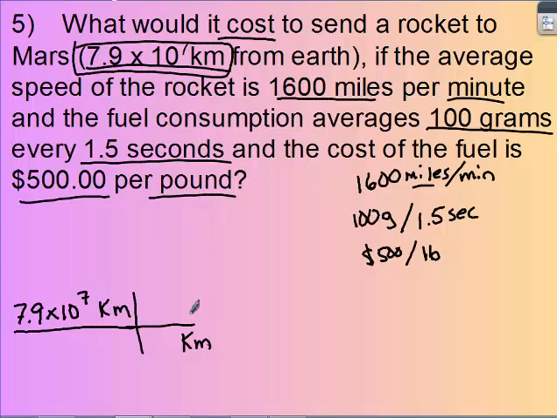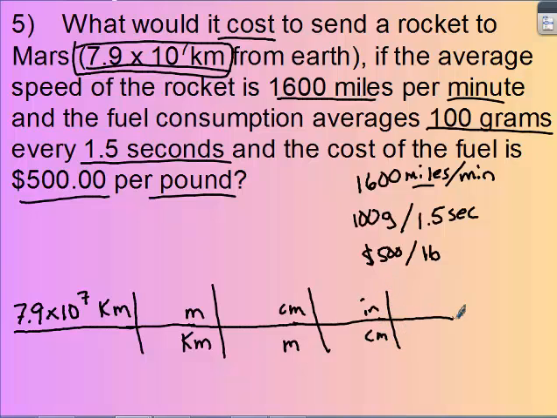I can convert kilometers to meters, and then meters to centimeters, centimeters to inches, inches to feet, and feet to mile. If you know the conversion for miles to kilometers, then you could just plug it in and have a 1-step. In this case, I don't know the kilometers to mile conversion, so I'm writing it out.